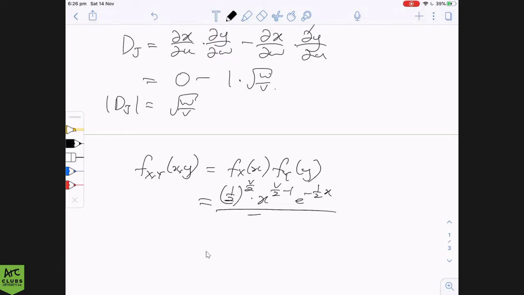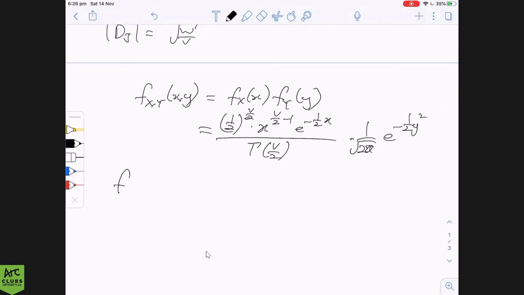Now our next step is to plug the whole thing into the formula for U and W. But we're also going to replace these X's and Y's. So first of all, let's write the formula again, which is like this.